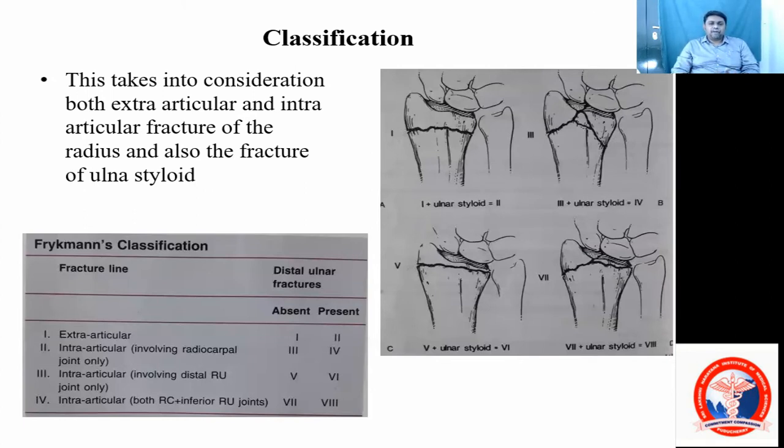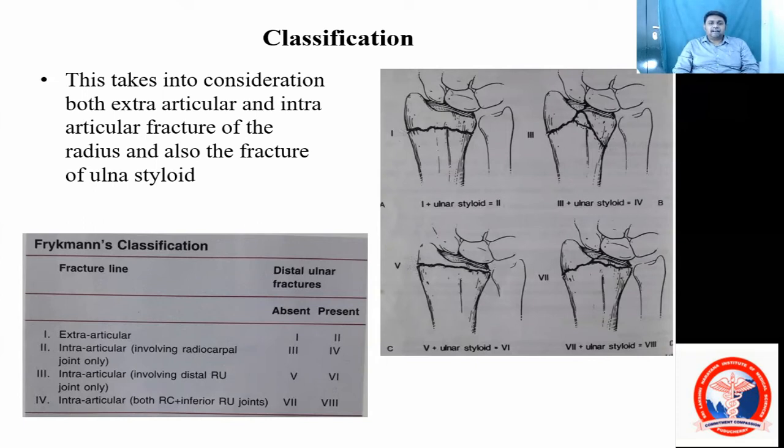Type 1 of Frykman's classification is purely an extra-articular fracture of the distal radius without involvement of the ulnar styloid. Type 2 is extra-articular fracture of the distal radius with ulnar styloid process.